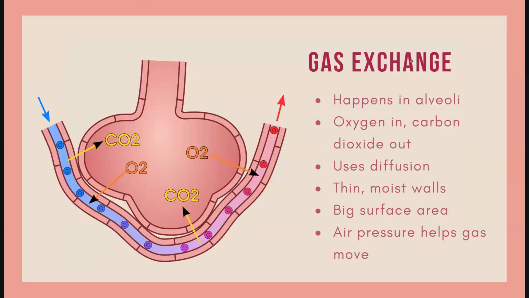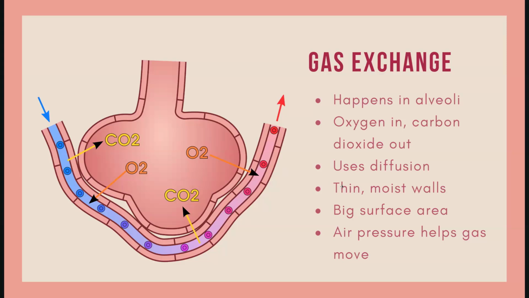So gas exchange, the magic of it all. It happens in the alveoli, like we talked about. Oxygen goes in, carbon dioxide goes out. So oxygen goes into the blood, or more specifically into the red blood cells, in the hemoglobin inside the iron structure, and carbon dioxide diffuses out into the alveoli to be breathed out by you.